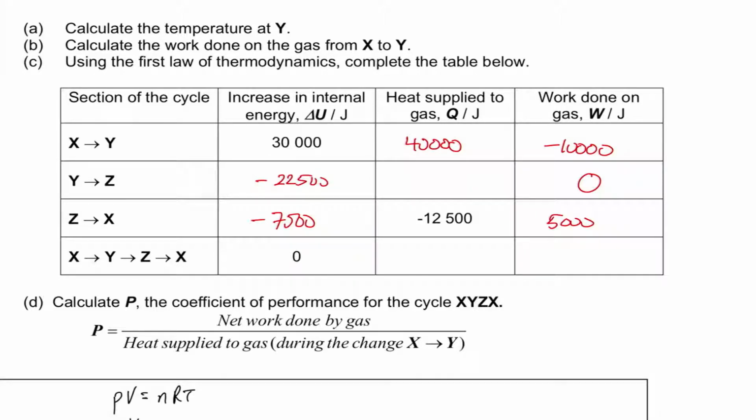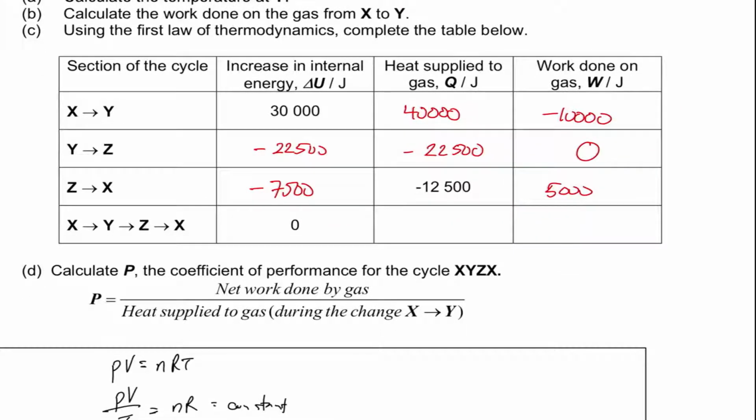Okay, because this is a cyclic process, X, Y, Z, X should give you 0 delta U. So each of these terms, this 1, 2, and 3 added up should give you 0. Okay, once you have this, you can quickly complete the rest of the table. So for Y to Z, this is just negative 22,500 joules. Okay, and once you have this, you can complete the last two entries.